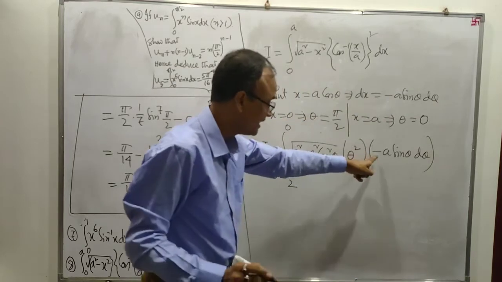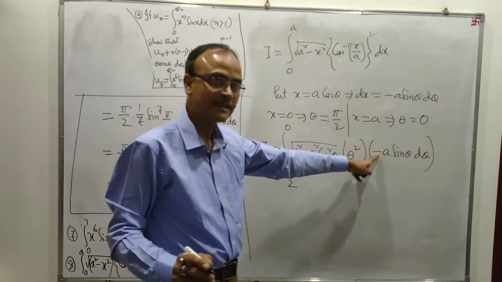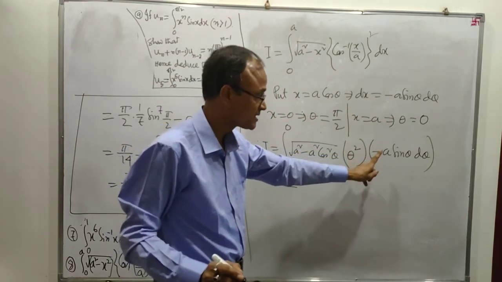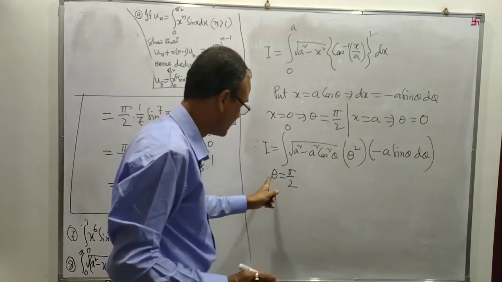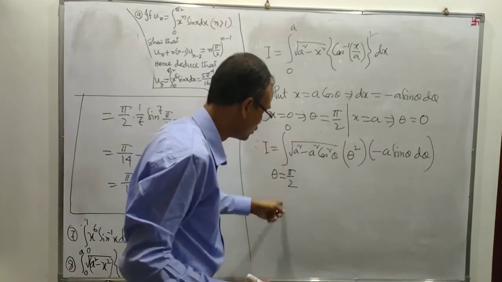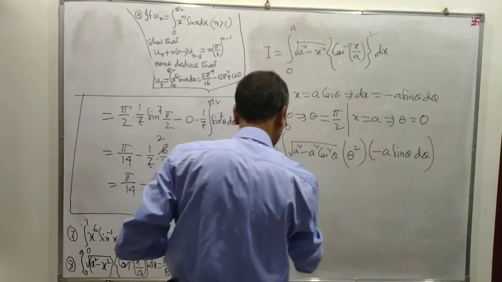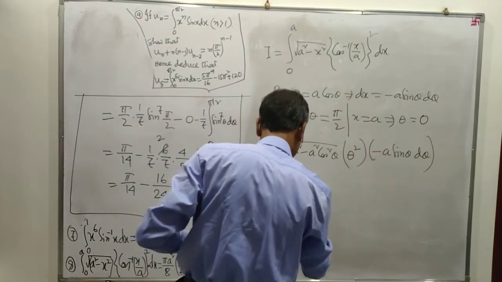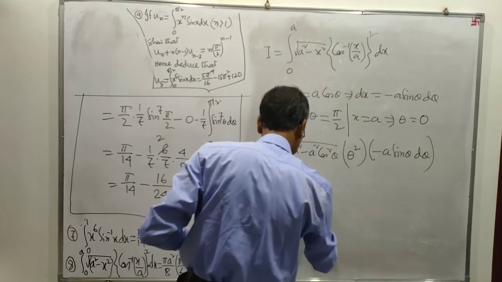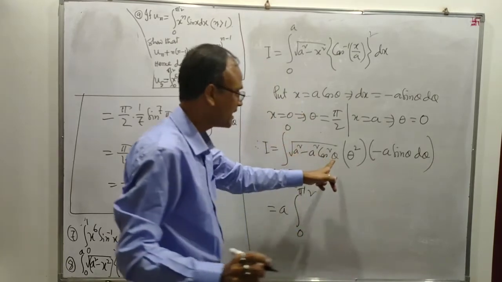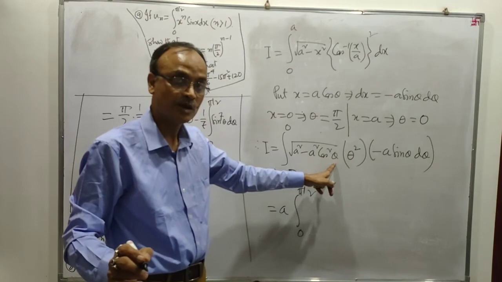Now, here is a minus sign. If you put it as plus, then the limit will be changed, 0 to pi by 2. This is equal to, take a outside the integration sign, 0 to pi by 2, a square minus a square cos square theta. What is this?